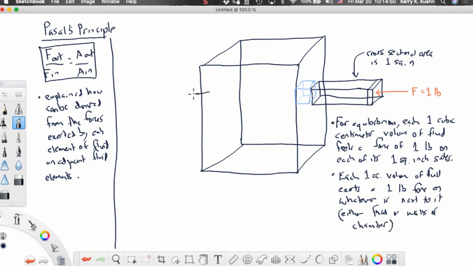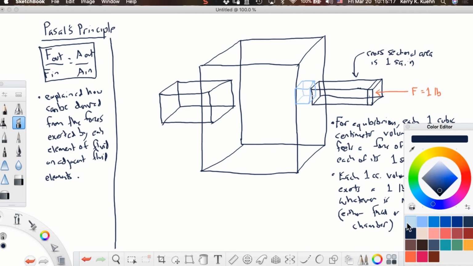Well, let's suppose on the other side of the chamber you have another opening, but this is a bigger opening. Okay, I'm going to draw another tube coming out on this side. Again, to make things simple, I'm going to draw this as a rectangular cross-section tube coming out on this side. And let's suppose that this piston is bigger, so that it is able to fit 4 cubic centimeters of fluid next to it.